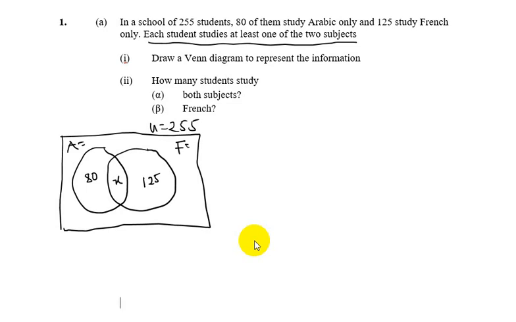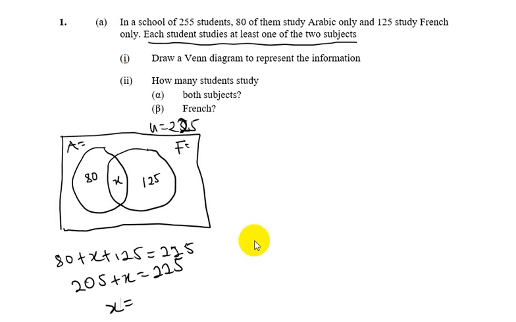Then what do I do next? I have to find x. So finding x, it will be 80 plus x plus 125 should be equal to 225. So I'm going to get 205 plus x being equal to 225.